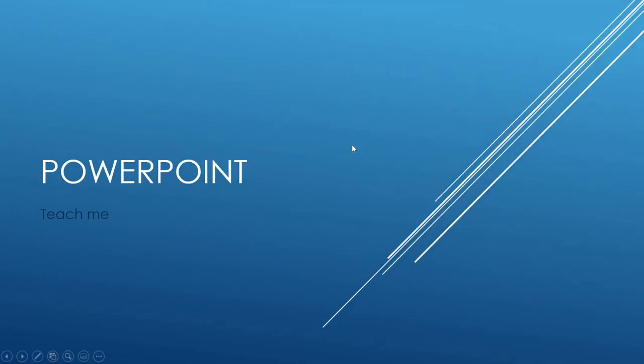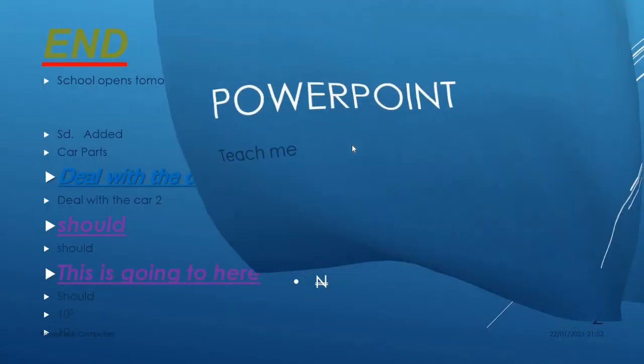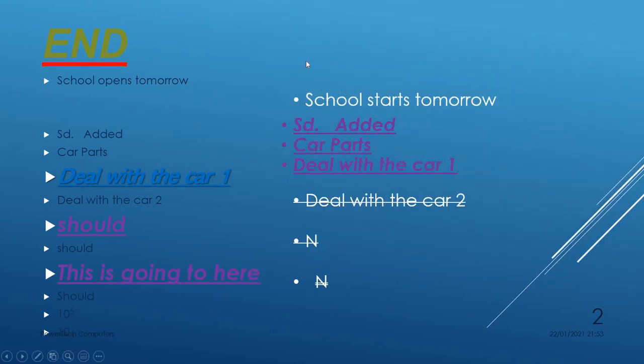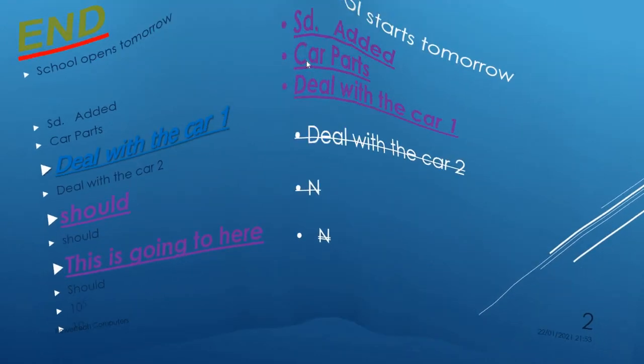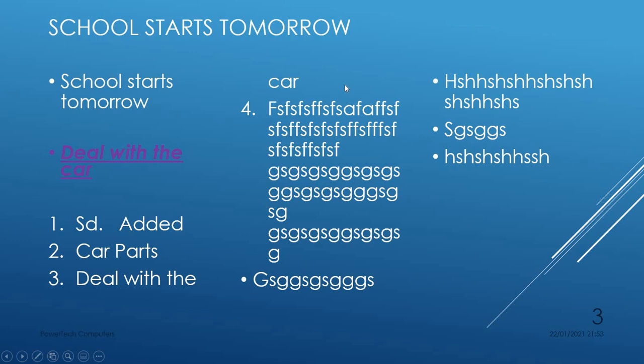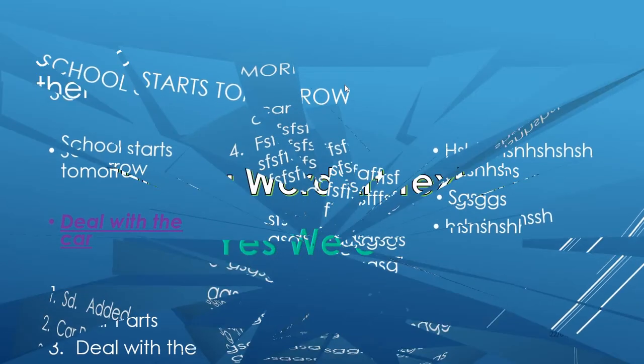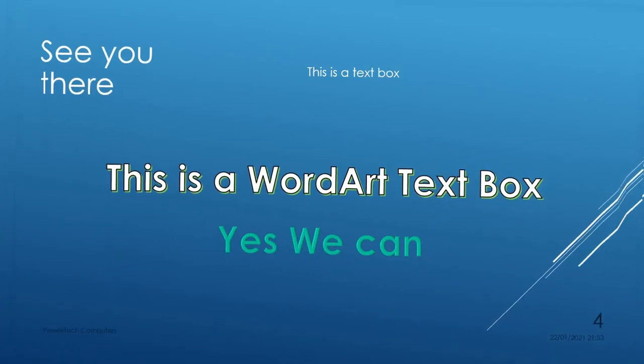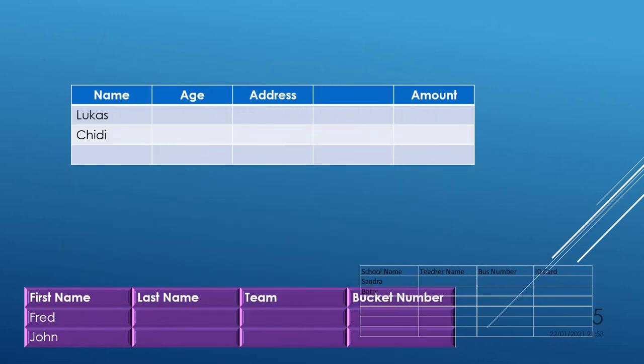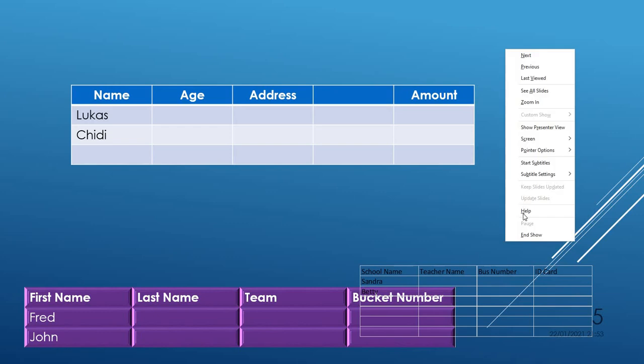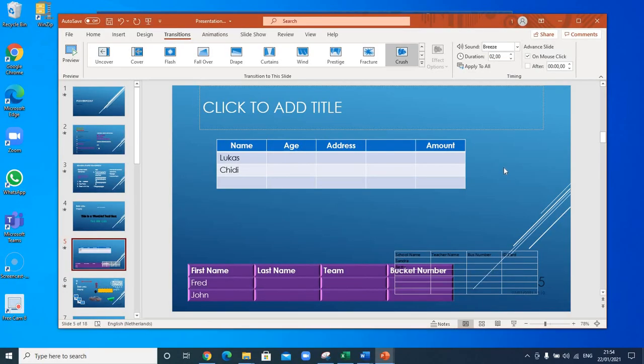So click again. Now you see the transition is different. Click again and you can see. Good, and we can end the show at this point. So right click and end show. Good, so that's the way to apply timing.